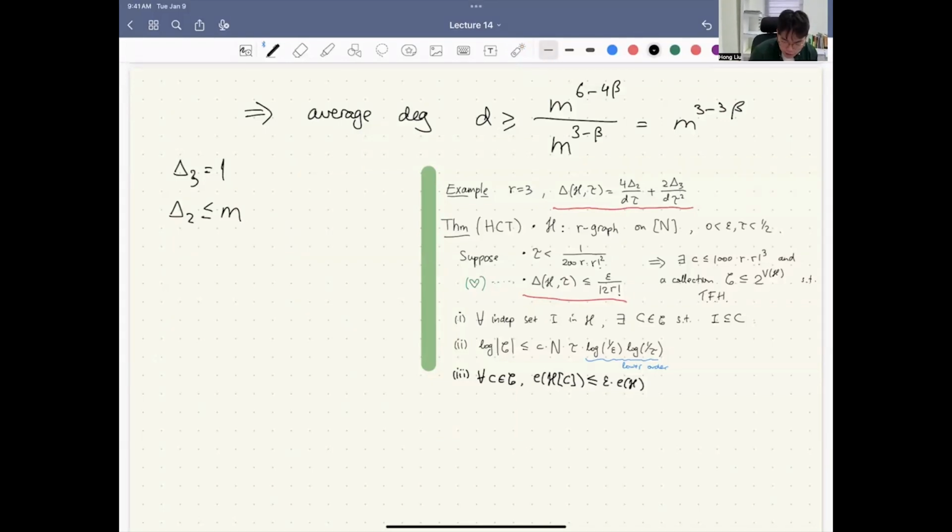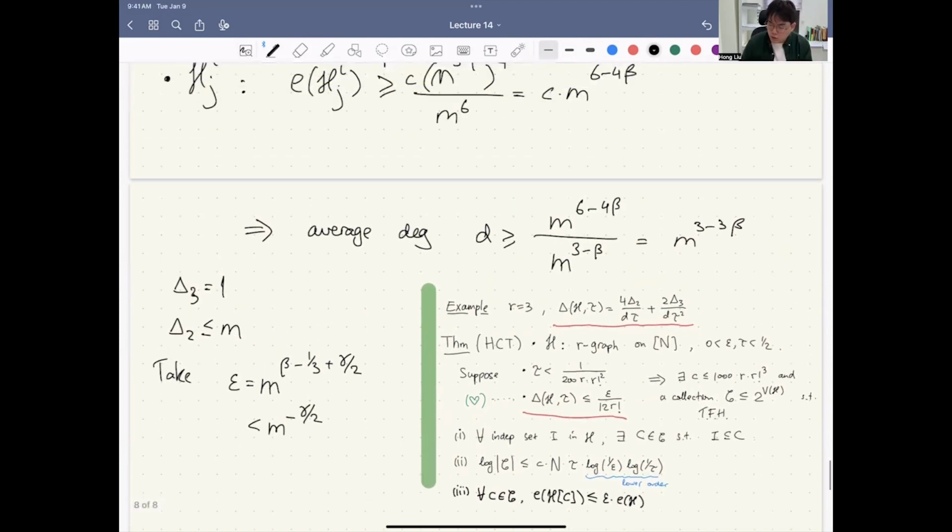Let me write it down. We're going to take our epsilon to be polynomial, m to the beta minus, let me tell you what it is, 1 over 3 plus gamma over 2. Okay? In particular, this is smaller than m to the negative gamma over 2.